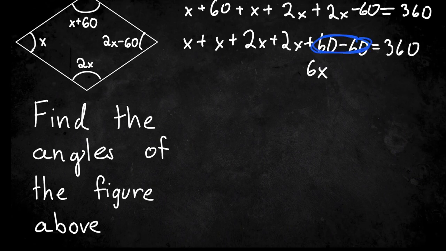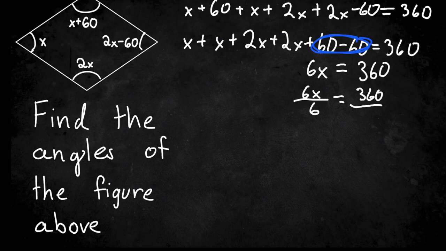So we have 6x equals 360. Now we do the inverse operation: since we multiplied x by 6, we divide both sides by 6. 6x over 6 equals 360 over 6. 360 divided by 6 equals 60, and this is 1x, so we have isolated the x.